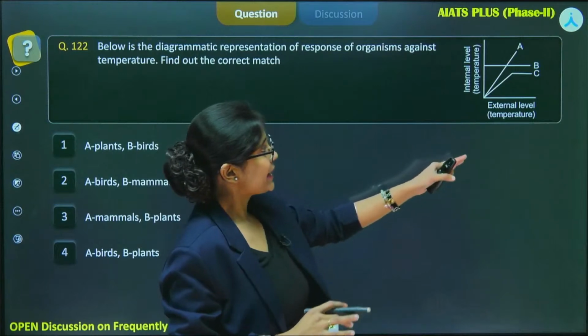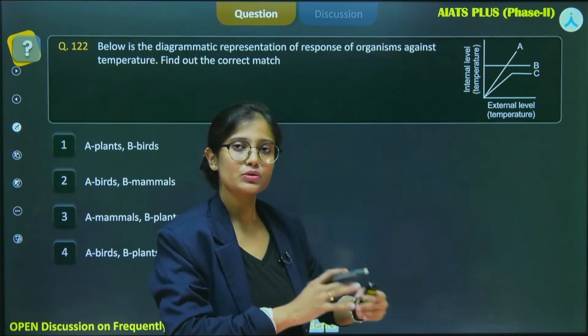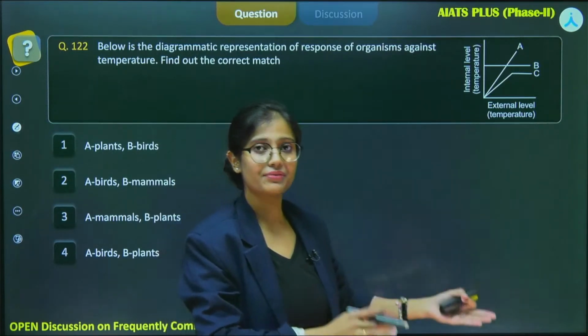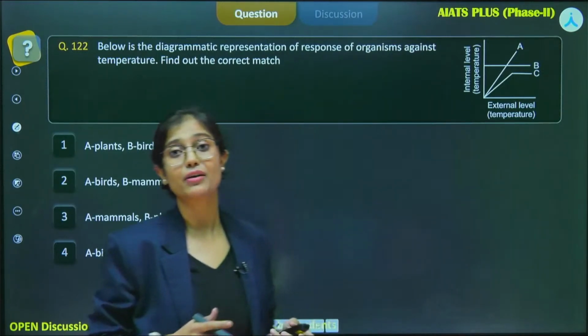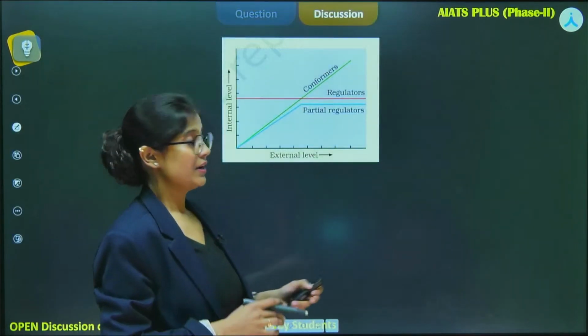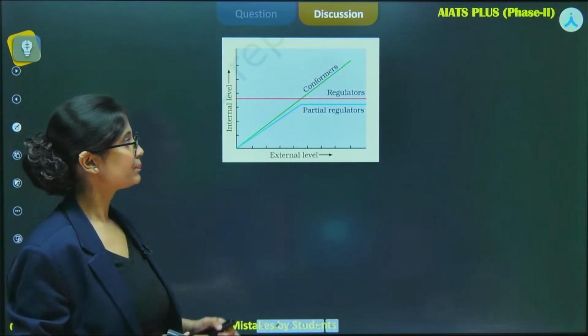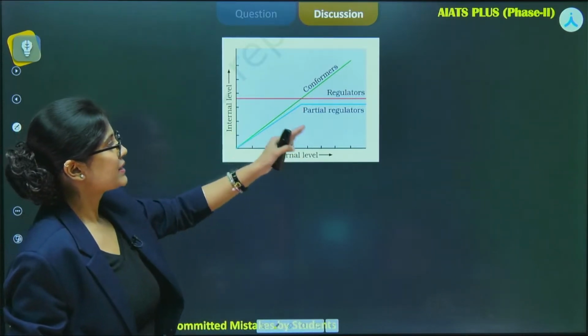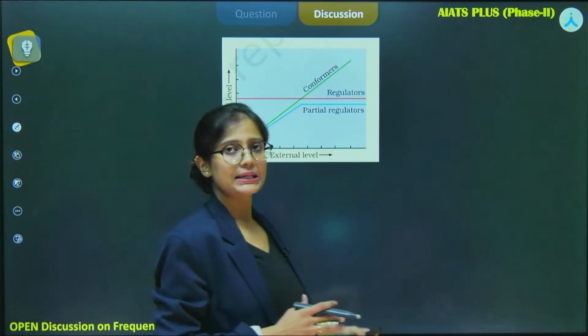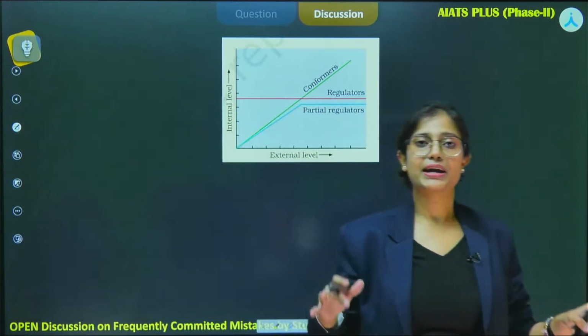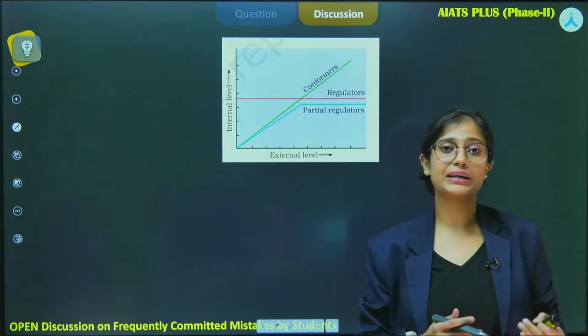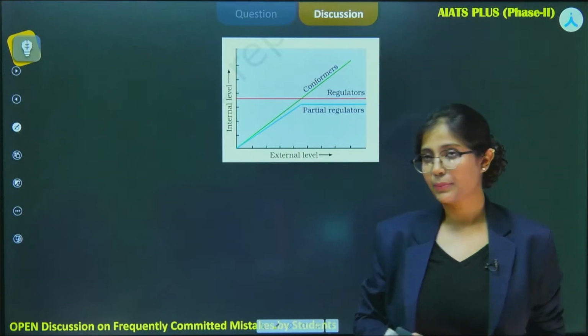It is showing how organisms react towards the different abiotic factors in the environment and how they actually survive. So conformers, regulators and partial regulators are basically the types of organisms classified on the basis of how they respond to abiotic factors.